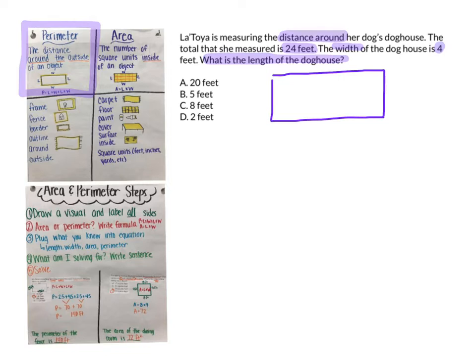So this problem actually gives us our perimeter, and that's 24 feet. It also tells us our width. Our width is going to be 4 feet. So I'm going to go ahead and label 4 feet as my width.